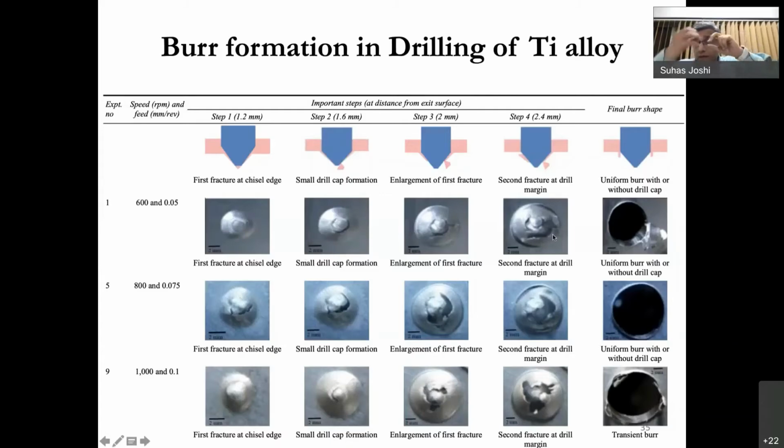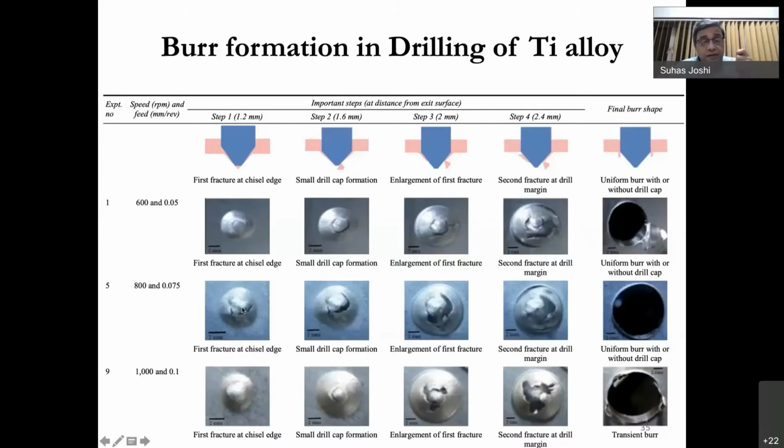Sometimes the chisel edge cap gets dissociated, or it remains there itself, and then the cap of the whole hole is formed. When this bigger cap is formed, a part of the cap remains here, but you can see an extremely strong and rigid burr formed around the periphery of the hole.